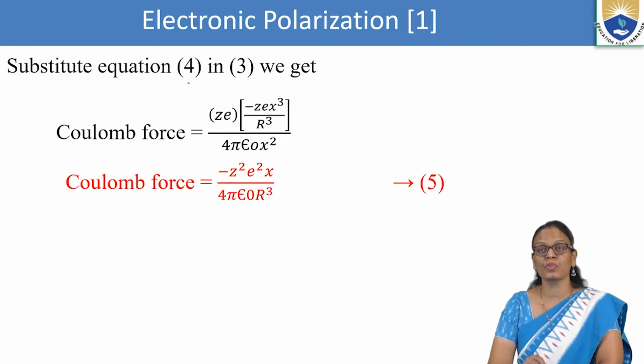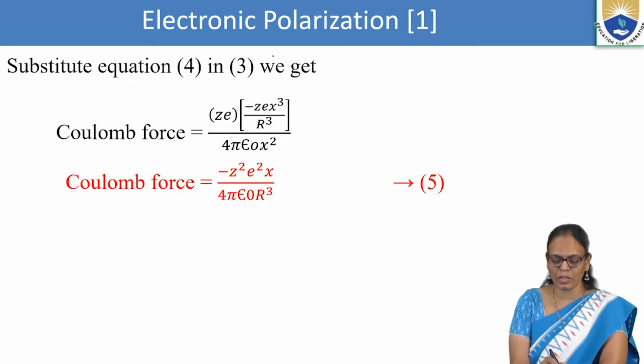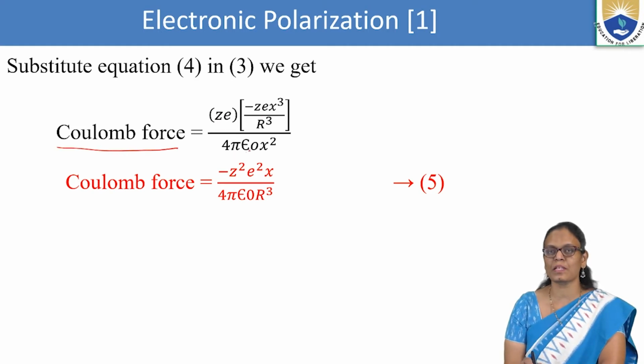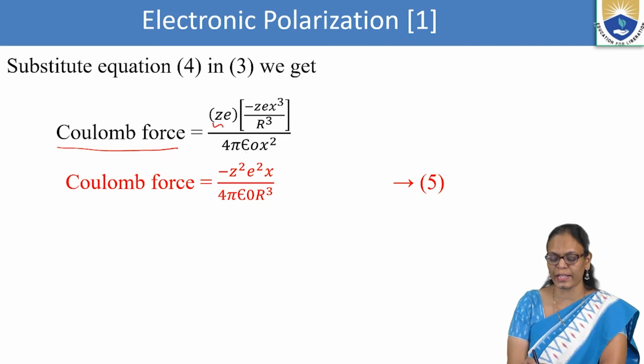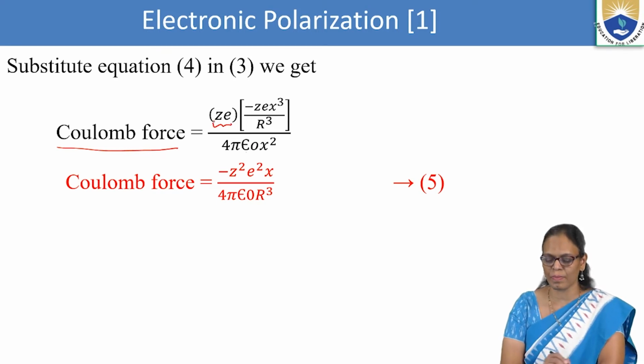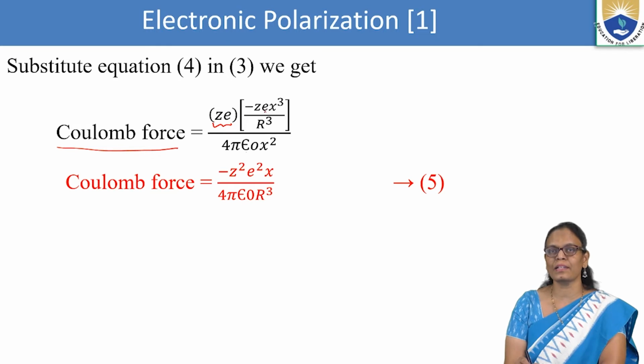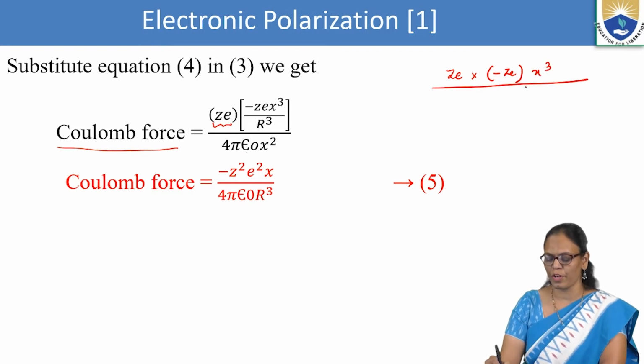Now we are going to substitute 4 in 3 because we want the Coulomb force. What is Coulomb force? Q1 into Q2 by 4 pi epsilon naught x square. So Q1 is Ze. And what is the charge enclosed by the sphere we got now? As minus Z into x cube by r cube. We are going to simplify this. What we have in the numerator is Ze into minus Z into x cube upon 4 pi epsilon naught x square into r cube.